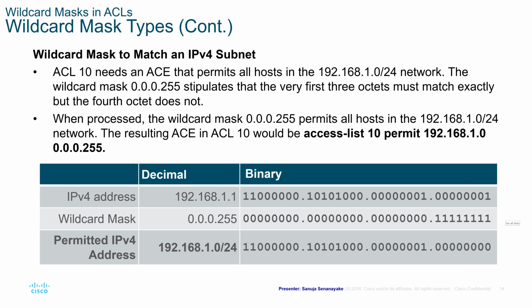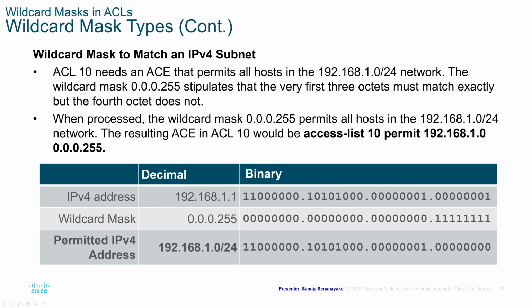That stipulates the very first 3 octets must match exactly, but the 4th octet does not. That basically means the first octet, second octet, third octet, these 3 octets must match exactly, but the 4th octet, the very last octet, where the IP address is going to be different in this network, doesn't have to match.